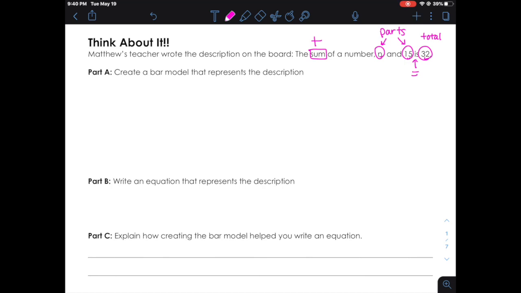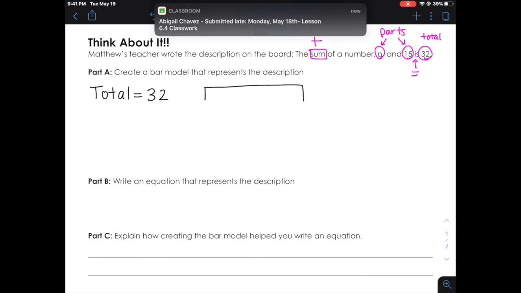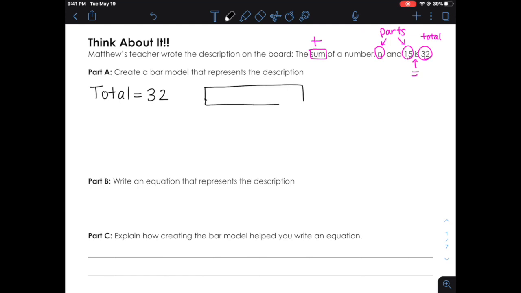So now that we know what our total and our parts are, we can go ahead and draw a model from that. Our total equals 32. And then we have two different parts.